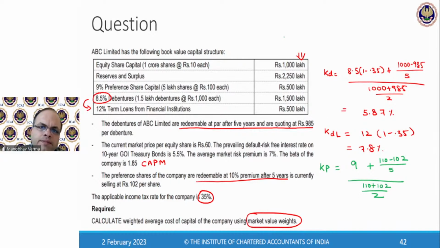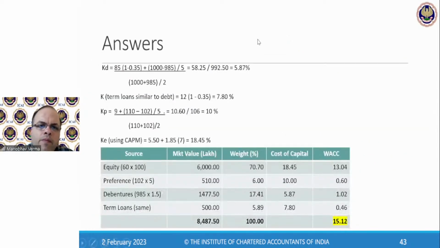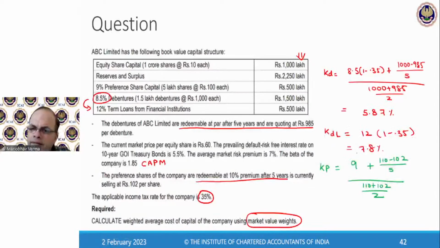So what's the answer? Cost of preference shares. Everyone getting 10%, guys?